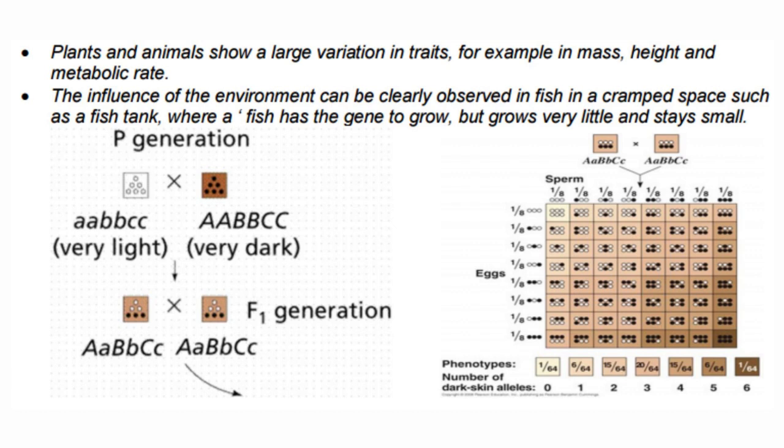Plants and animals show a large variation in traits, for example in mass, height and metabolic rate. The influence of the environment can be clearly observed in fish in a cramped space such as a fish tank, where fish have the gene to grow, but grow very little and stay small.